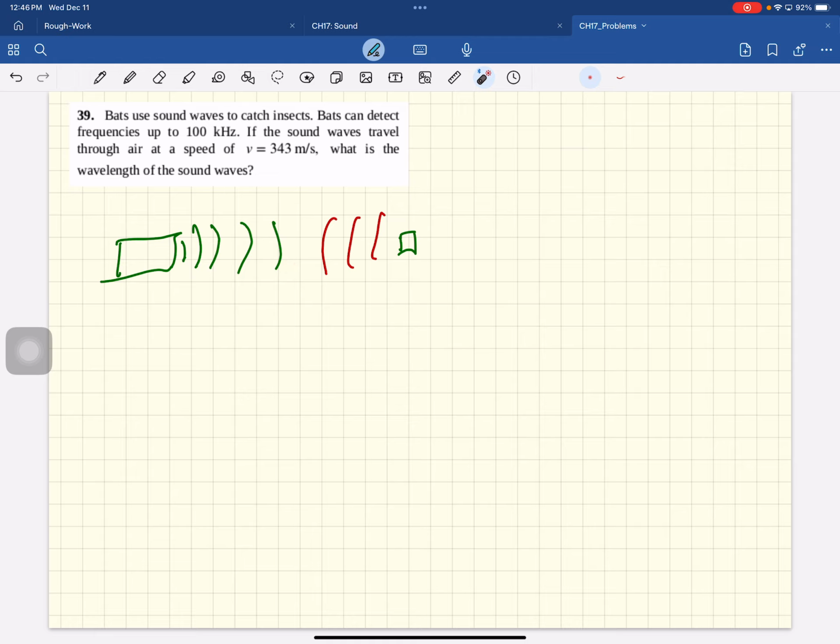Now here's an interesting story. These are sound waves, and if you use a sound wave of wavelength lambda, you can't see this bug because it is smaller than the wavelength, but you can see this bug.